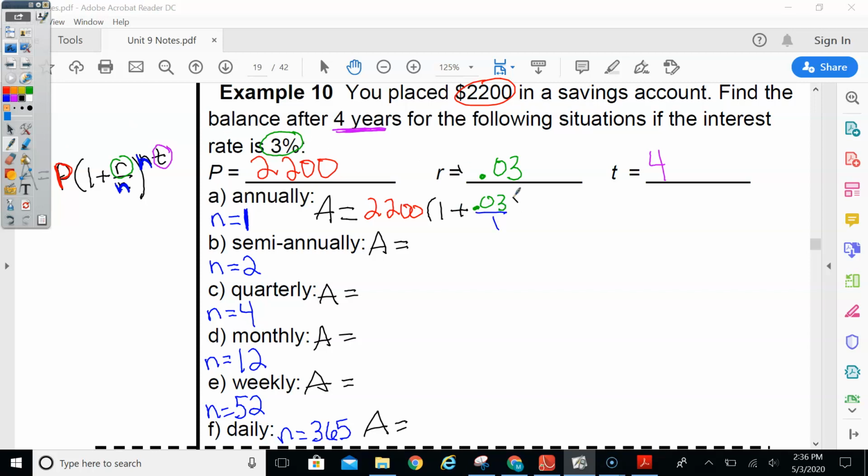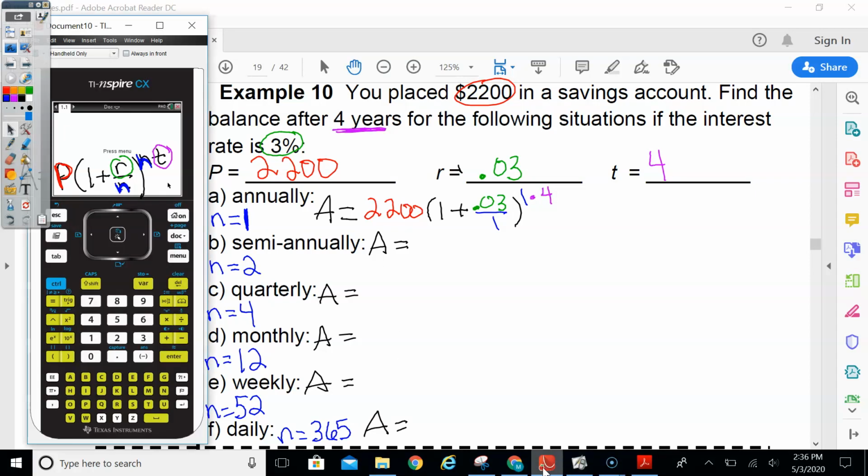Then we raise it to the n times t power, so n is 1 times t is 4. We're going to do this for all of these situations. We'll find this one first, and then the other ones. Let me erase the formula.